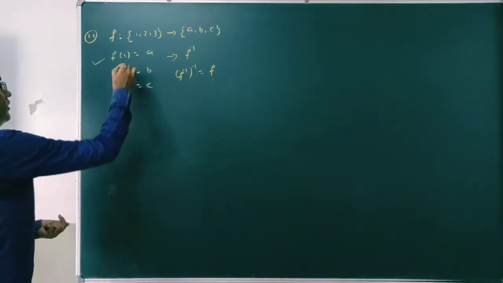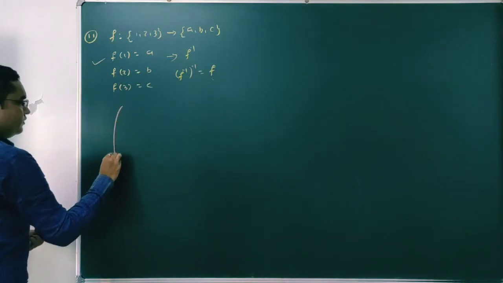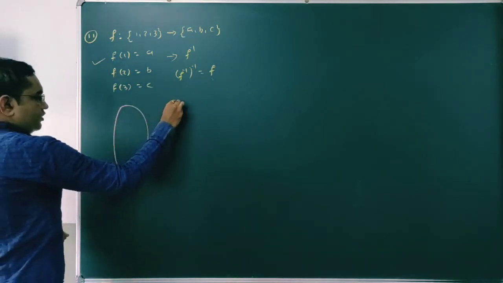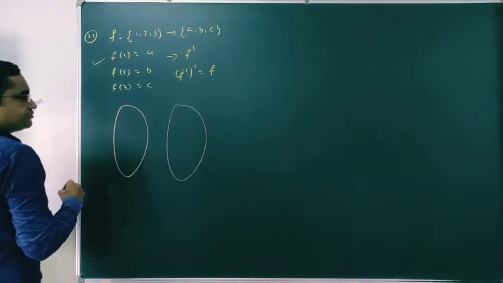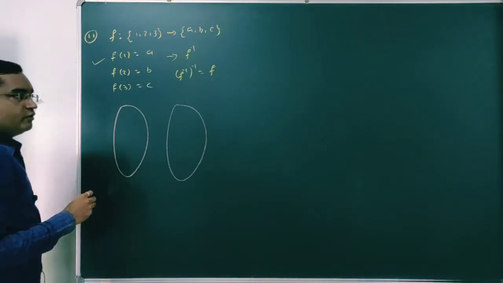Done. So here, according to the definition of this function, we have to find the inverse of the function, and for any inverse we require the function must be 1-1 and onto.